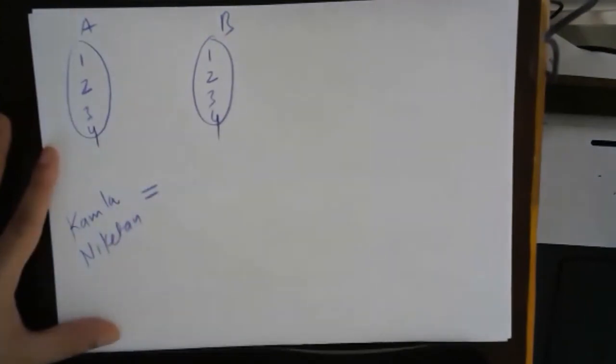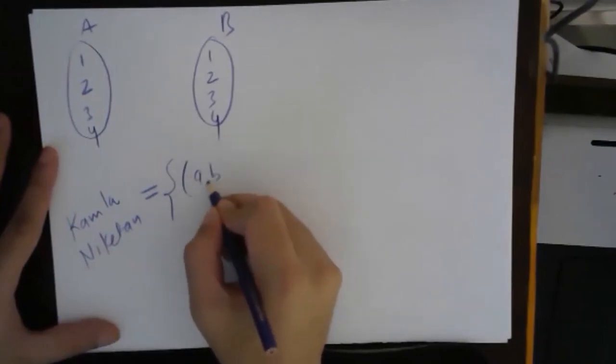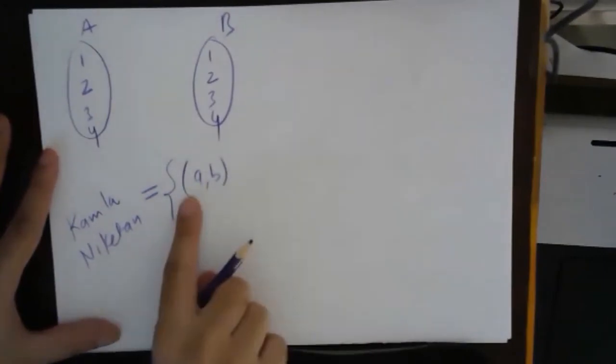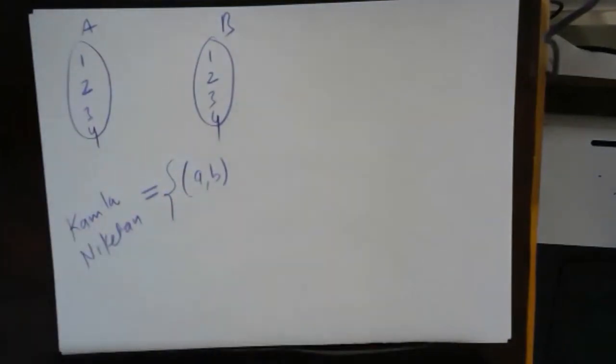This is a set which contains an ordered pair (a, b). Just listen to it very carefully.